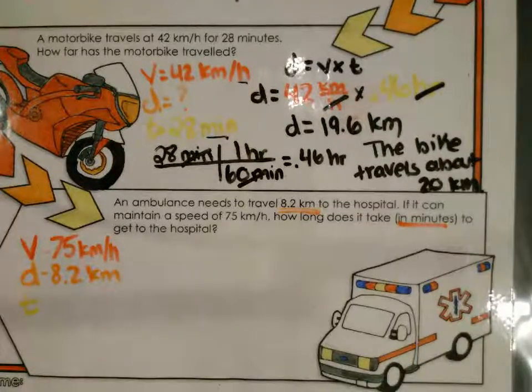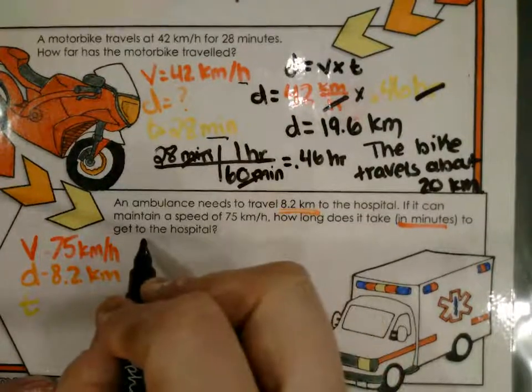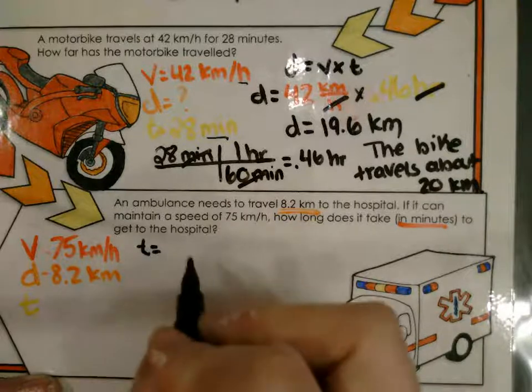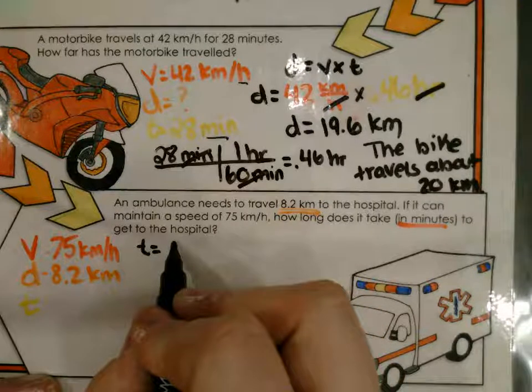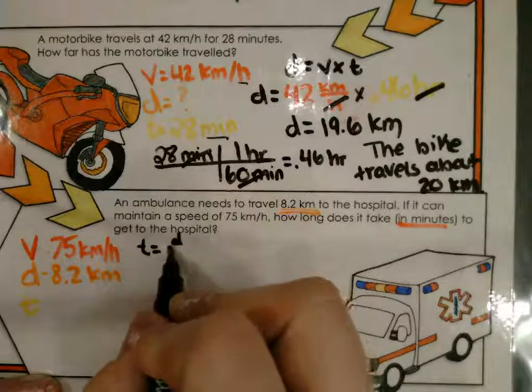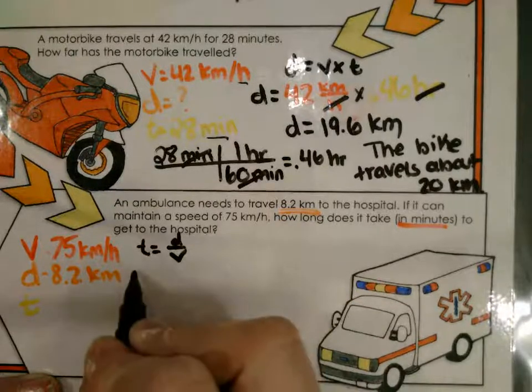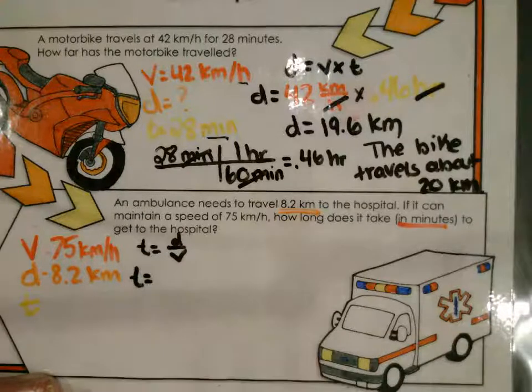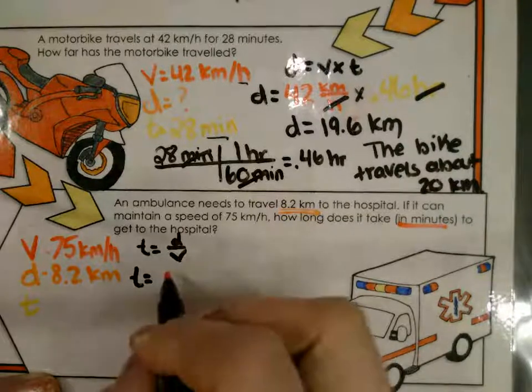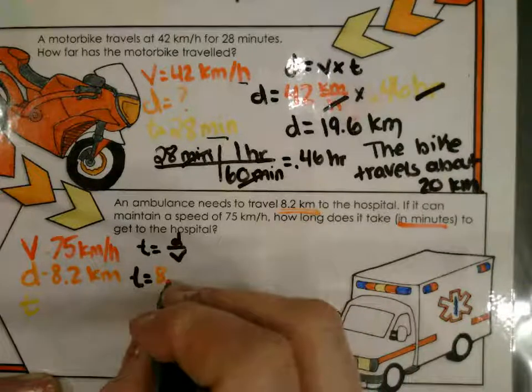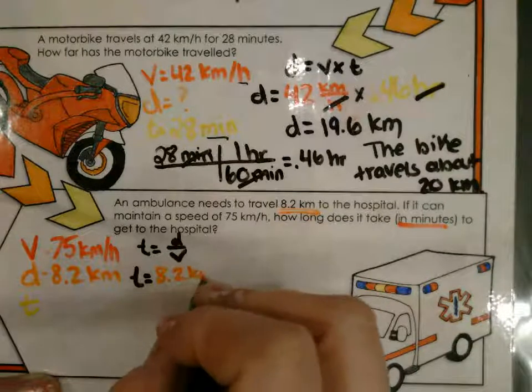So I'm going to write out the formula I'm going to use. So time is equal to distance over velocity. So I'm going to plug it in. Time is equal to, my distance is 8.2 kilometers.